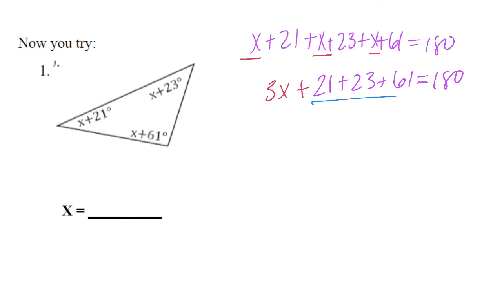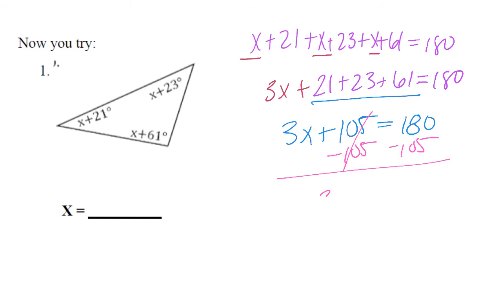Then you want to combine these like terms. So 3X plus 105 equals 180, minus 105 on both sides. 3X equals 75. Divide by 3, X equals 25.